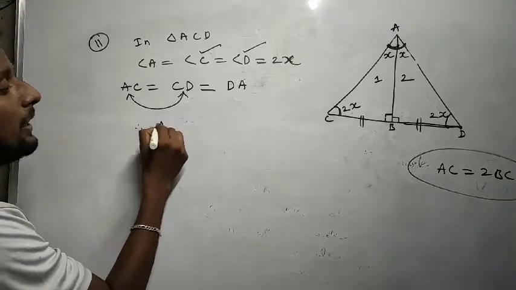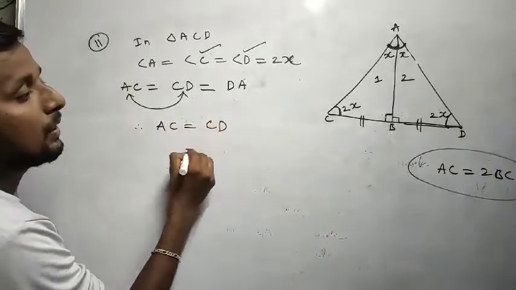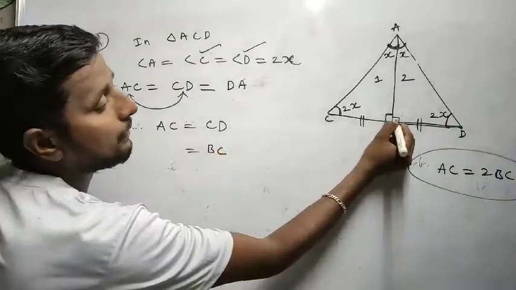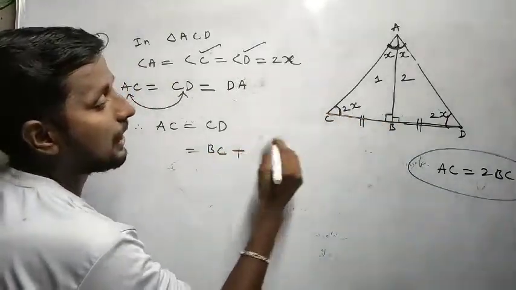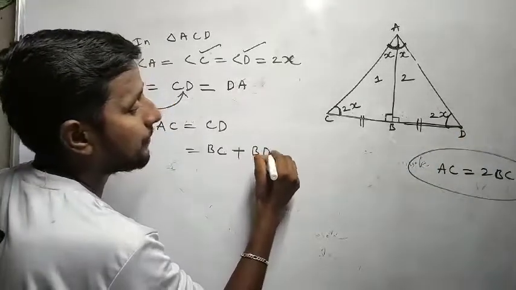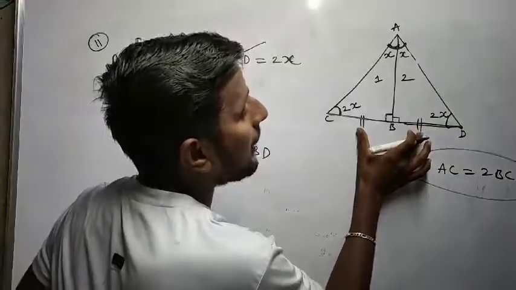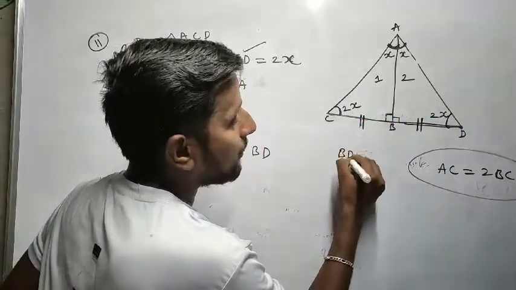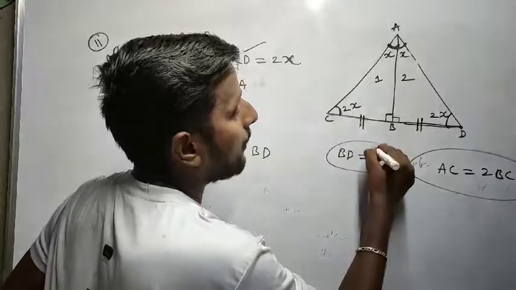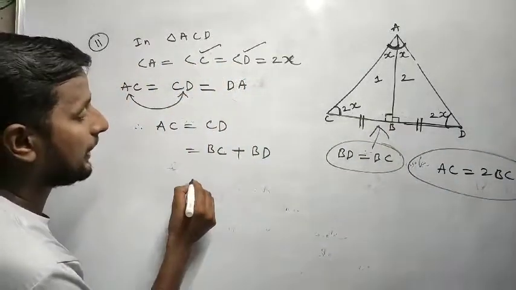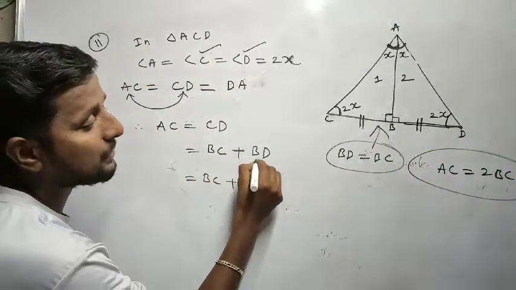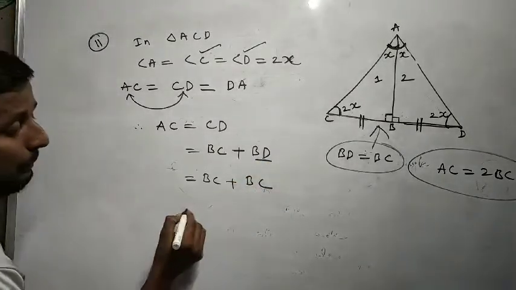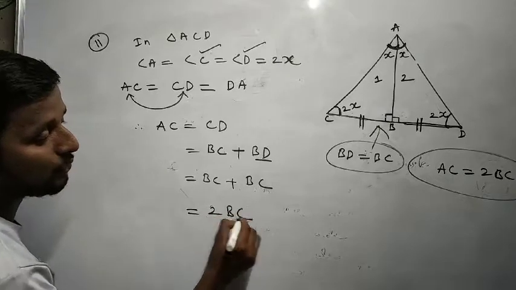Therefore AC is equal to CD, but CD has two parts: one part is BC, plus one more part BD. The mark tells us the BD length is equal to BC length. So from the diagram we know BD and BC are the same. So in place of BD we can also write BC, because both parts are the same. So BC plus BC, we write as 2BC.